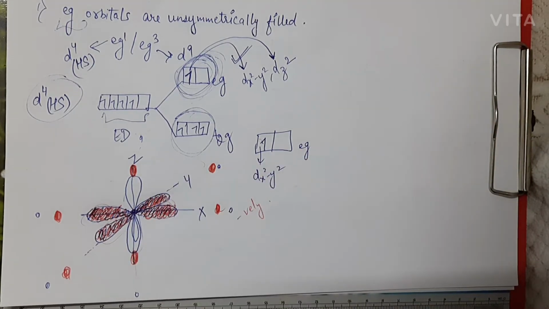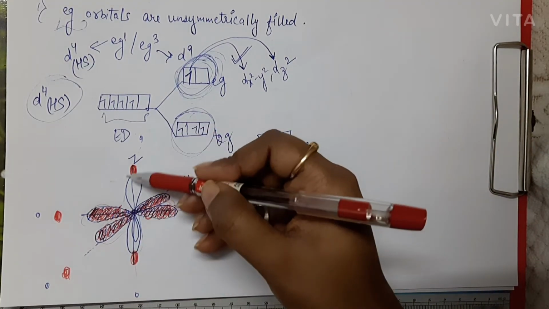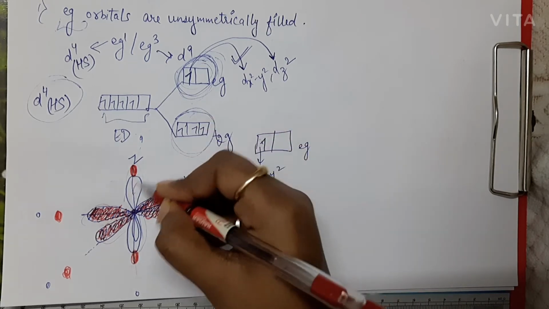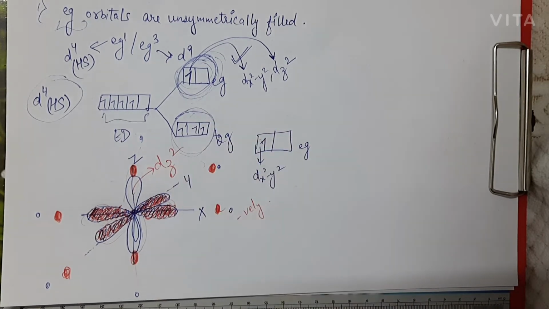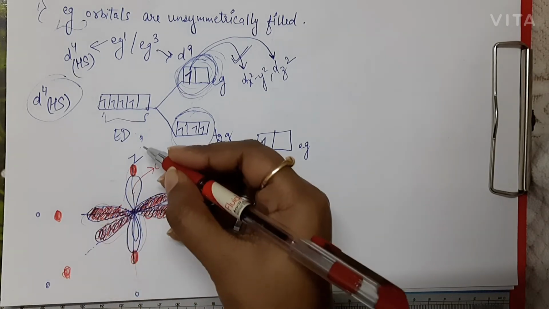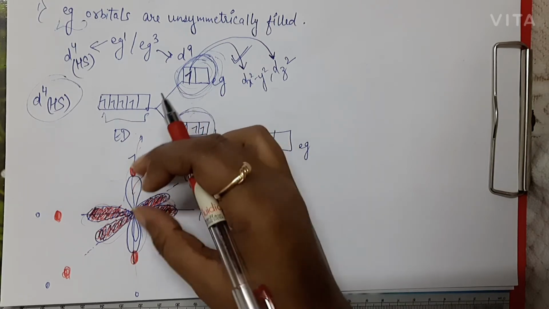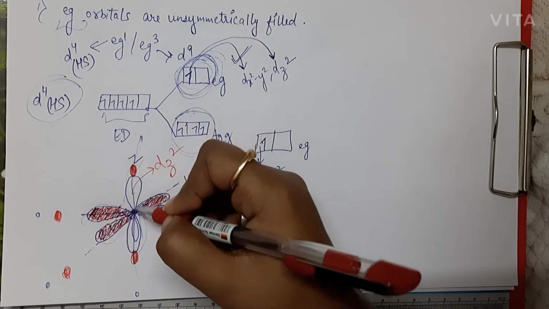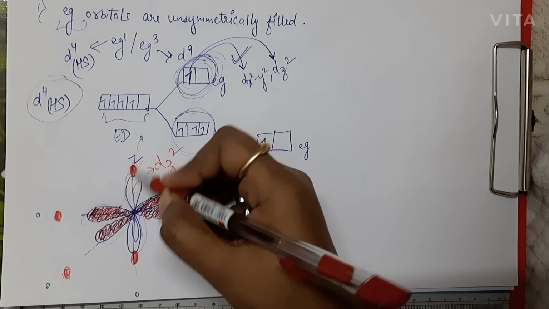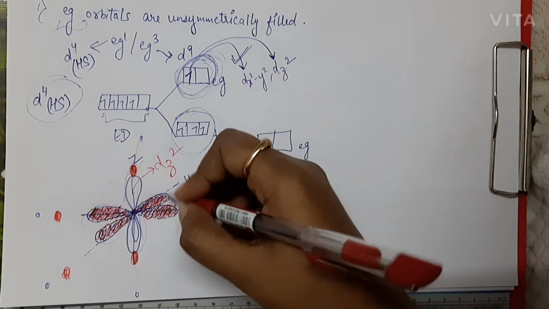Now what happens? The orbital which is along the z-axis, that is the dz square orbital, is going to increase in energy. Why? Because the ligand is approaching directly, and the overlap between this orbital and the ligand orbital is much more as compared to the other orbitals.